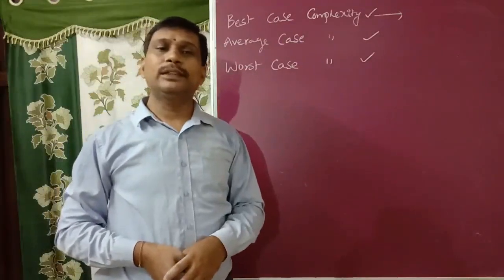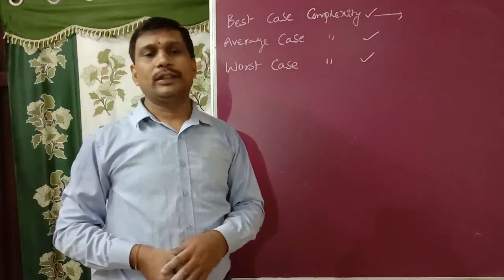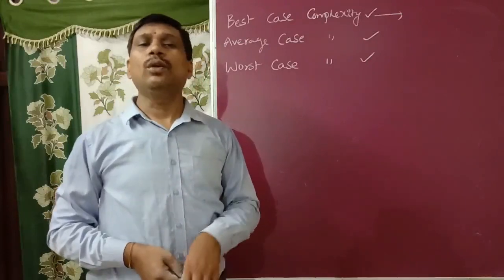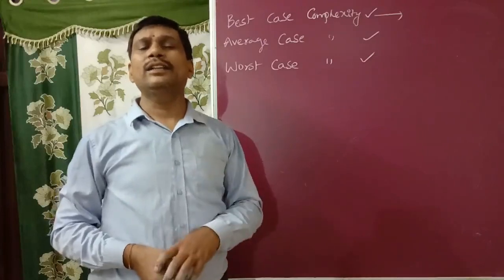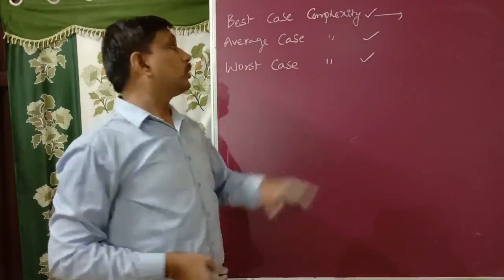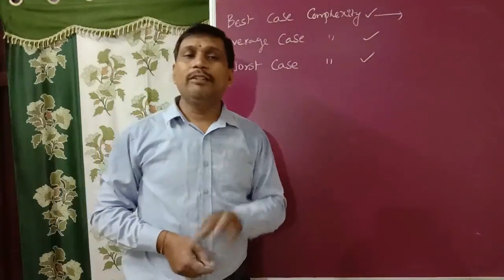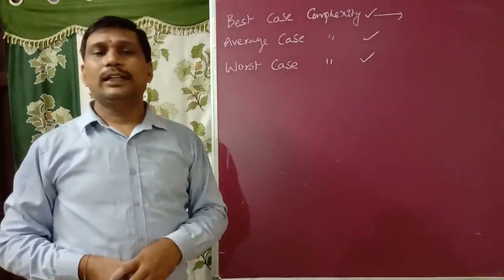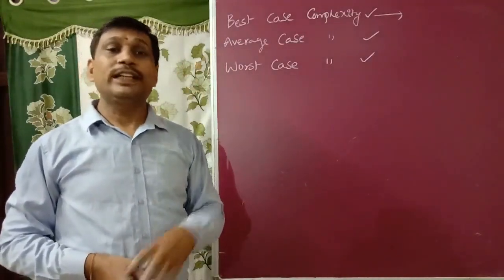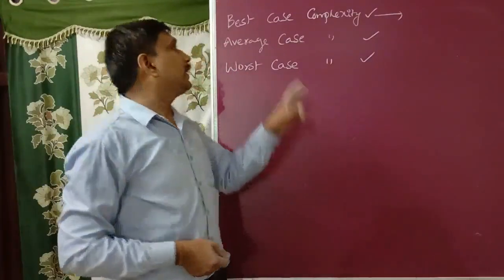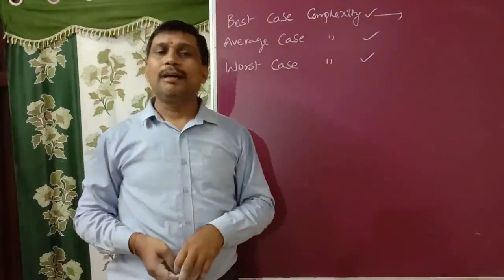Best case means we are getting the output with few comparisons, meaning our input size is very low here. That's why we get our output quickly. Average case means that for every program we estimate some amount of time. When it reaches that estimated time, we call it average case complexity.